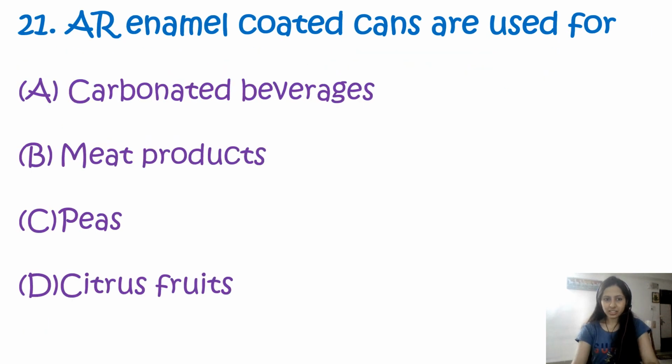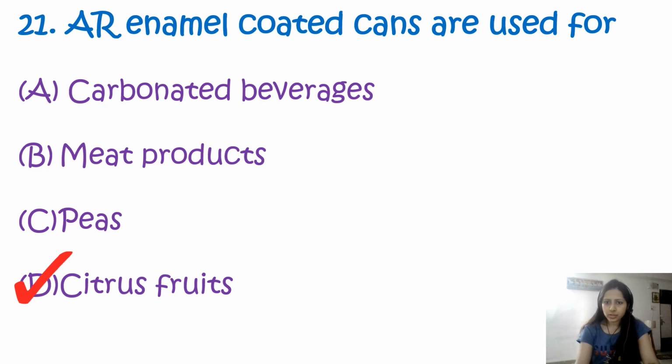Question number 21. The AR enamel coated cans are used for: carbonated beverages, meat products, peas or citrus fruits. Correct option will be D, that is citrus fruits. These cans are specifically designed to prevent interaction between the citrus acids present in the fruits and the metals of the cans, which can affect the taste and quality of the food product and lead to corrosion of the can.